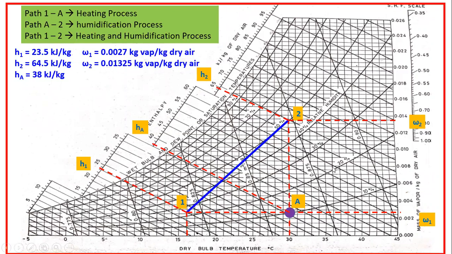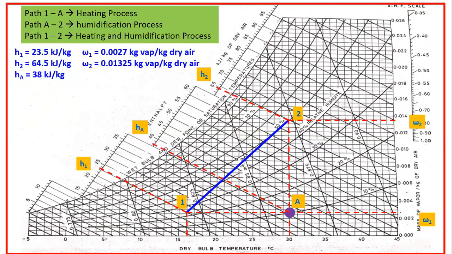This is the RH line of 20%, this is the RH line of 30%. So go to the middle of these two curved lines, which gives the RH of 25%. The intersection of 16 degree dry bulb temperature and 25% RH is taken as point number 1.